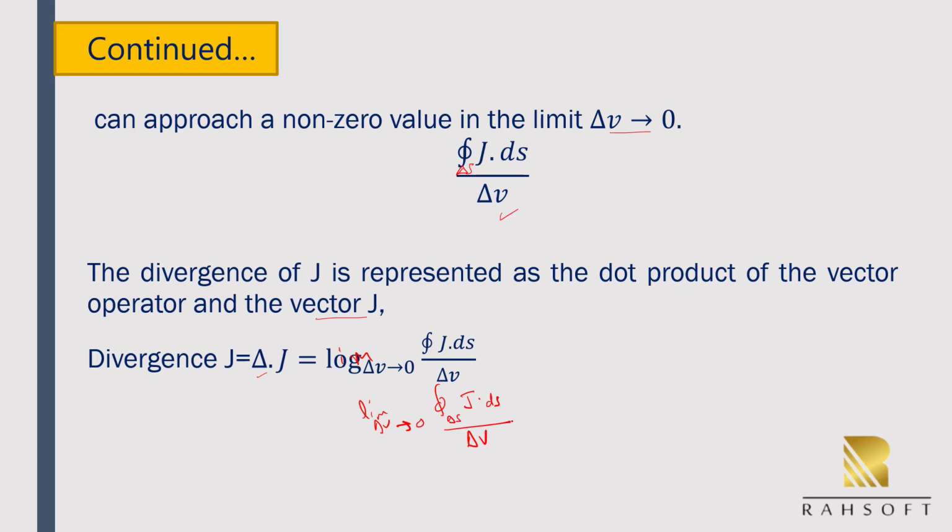By taking an appropriate configuration, it can be shown that in Cartesian coordinates the divergence of a vector is given by del dot A equal to del Ax over del x plus del Ay over del y plus del Az over del z.